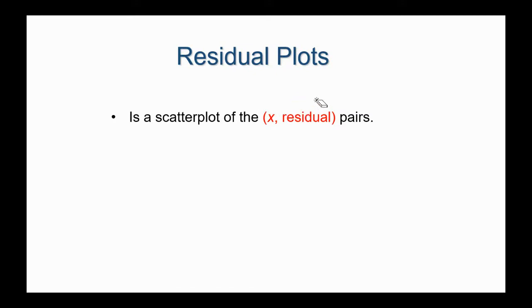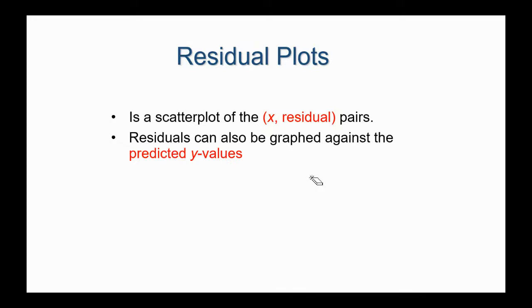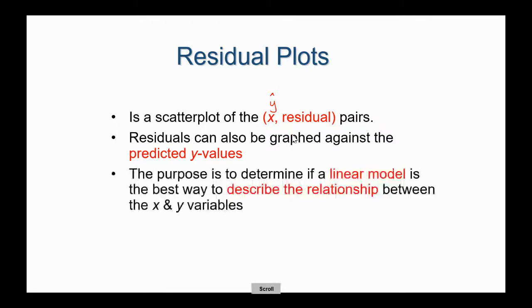Or you could also do the residuals against the predicted y values. So instead of the x being here, y hat would be there. The purpose is to determine if a linear model is the best way to describe the relationship between the x and y variables.